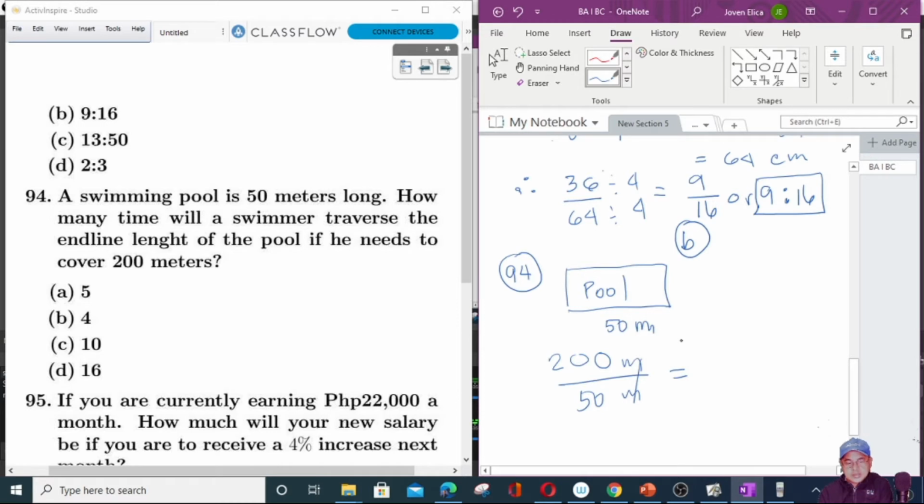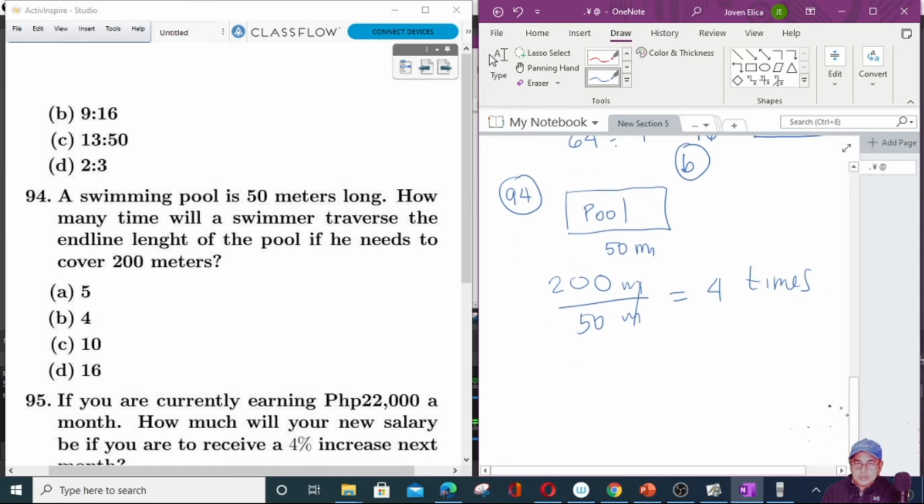So he needs 4 times. 200 divided by 50 is 4 times. So he will traverse 4 times with a given 50 meters long swimming pool. So he goes back and forth 4 times to reach the 200 meters. Okay? So tricky question.